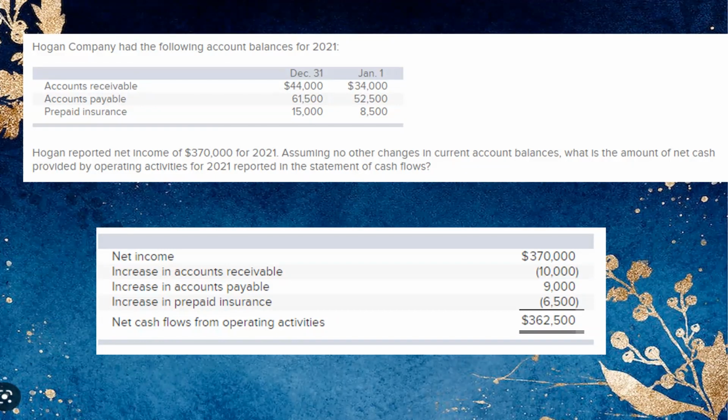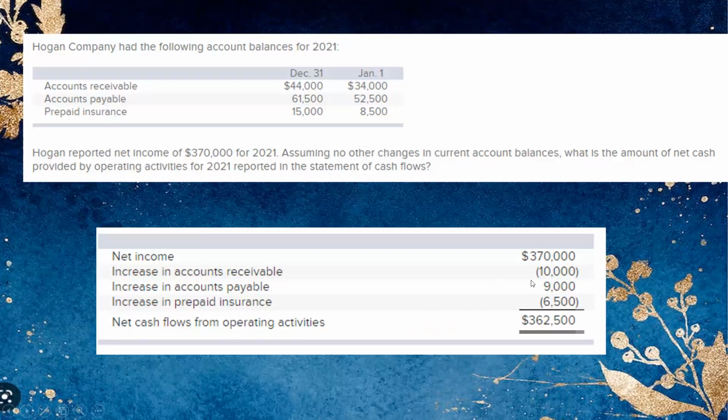Then we look at accounts payable. That increased by $9,000. Accounts payable is something that we would pay out for different expenses. If it increased, that means that's less cash that actually left. In this net income number, we showed that $9,000 as expenses or cost of goods sold, but we haven't actually paid $9,000 of that yet.